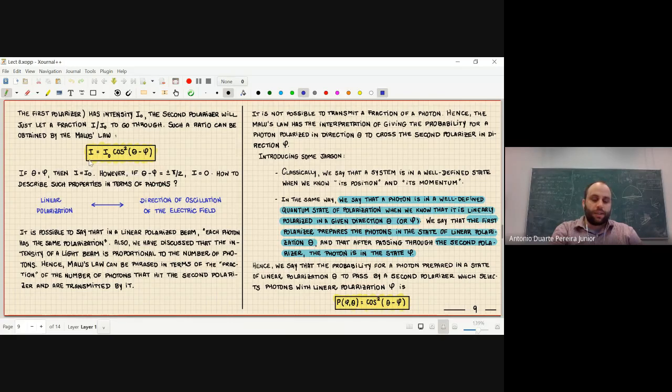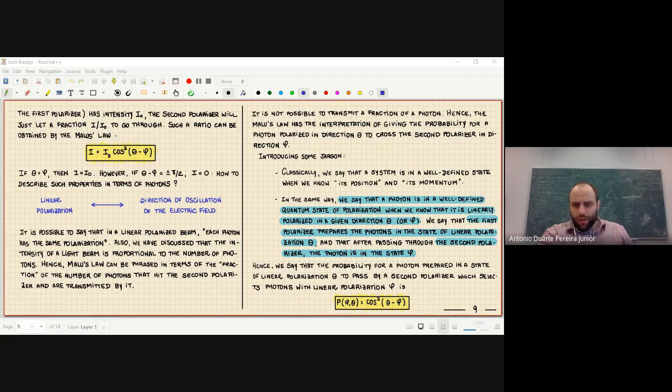So the intensity I is going to be 0. As I said, if the directions of the polarizers are orthogonal, then the final intensity is simply 0. Good.